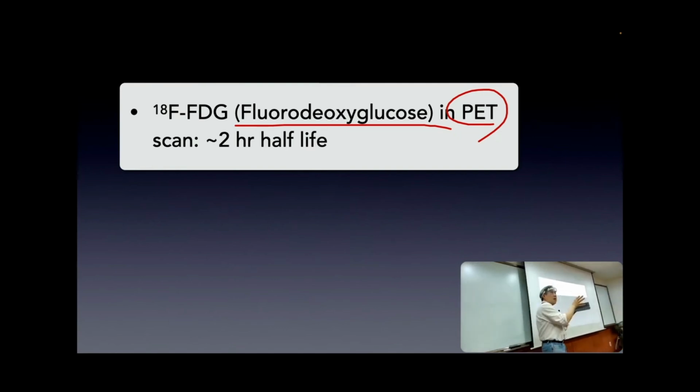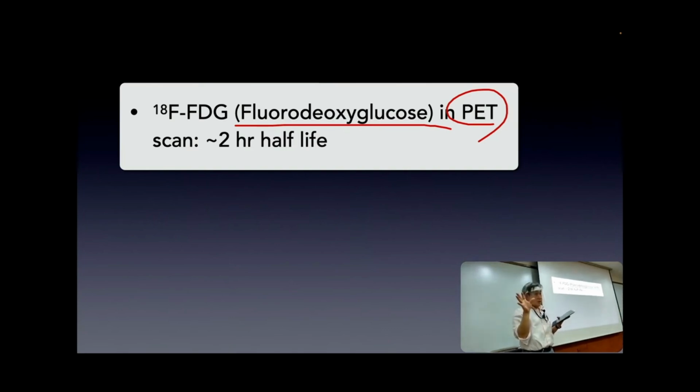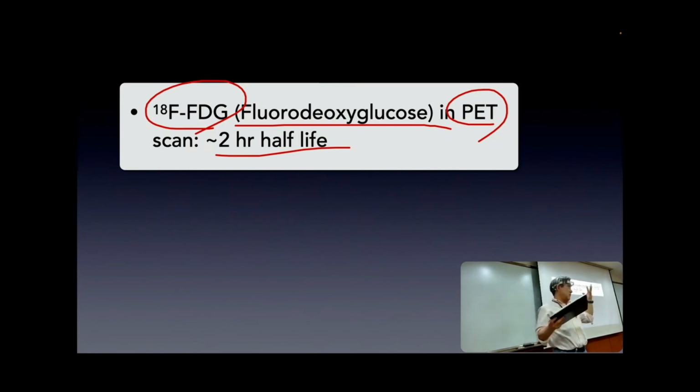It's a compound similar to glucose, structurally speaking, and it is a radioactive isotope with such a short half-life, 2 hours, so it's very safe. After ingesting, it will come out of your system, and even if it stays, its half-life is only 2 hours, so no harm will be done.